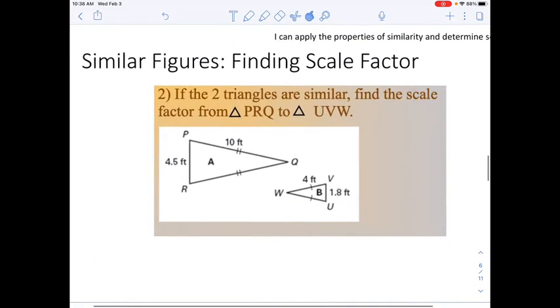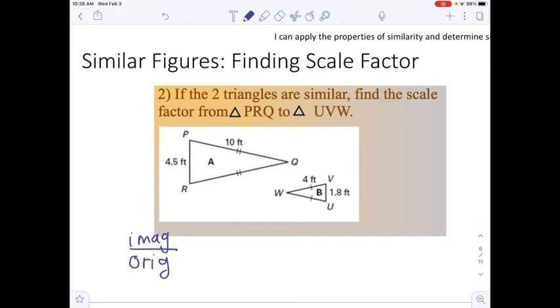So let's practice that. This one says find the scale factor. If two triangles are similar, find the scale factor from PRQ to UVW. So I want to do image over original. Okay, that's the ratio I'm going to set up here. Image over original. I know that the original is this triangle PRQ because we're going from that to our new shape, to our image.